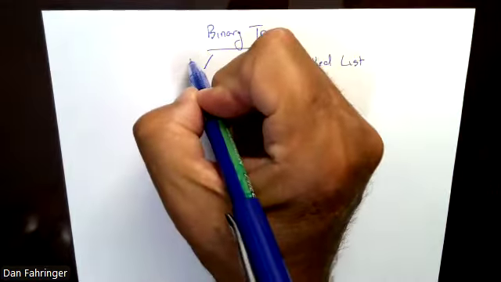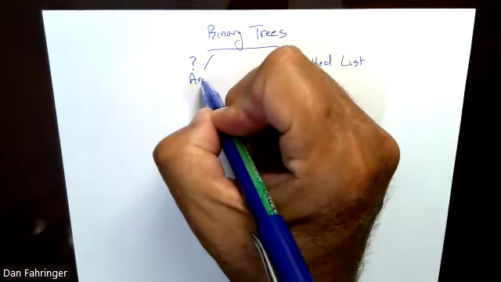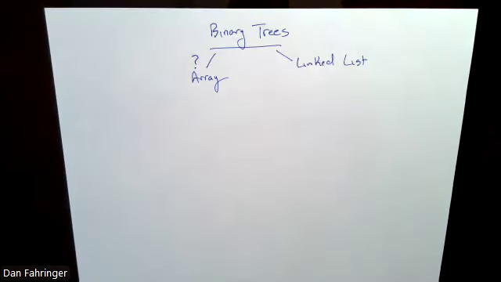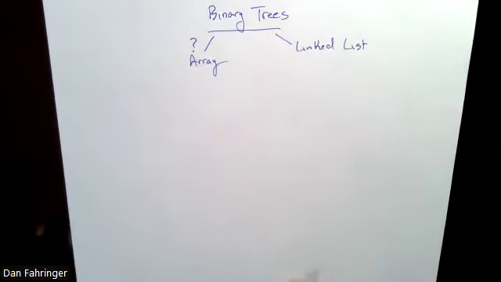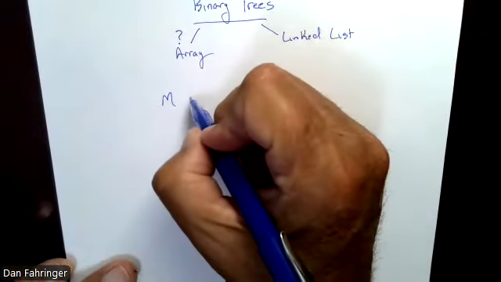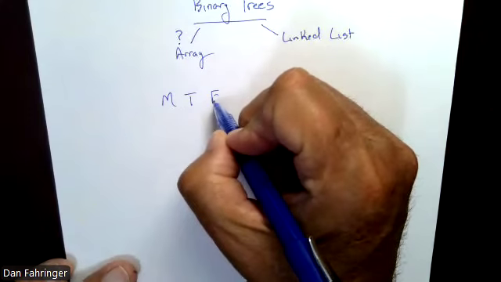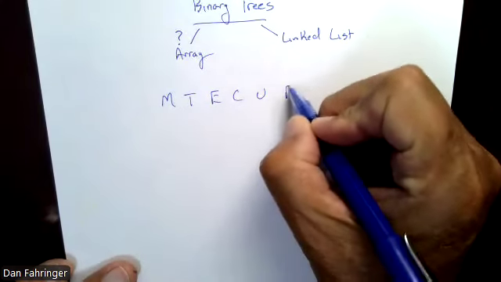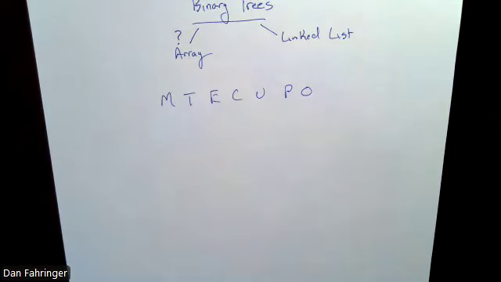But why didn't we look at it as an array? Can I represent a binary tree as an array? And the answer is, drum roll, yes, we can. So let's take a simple binary tree. I'm giving you some letters: M, P, E, C, U, P, O.